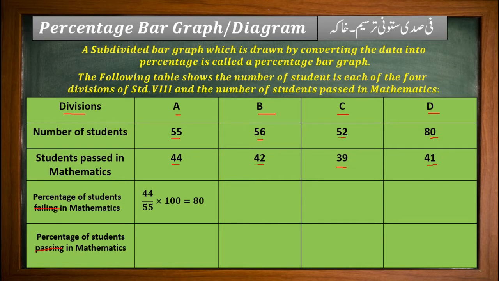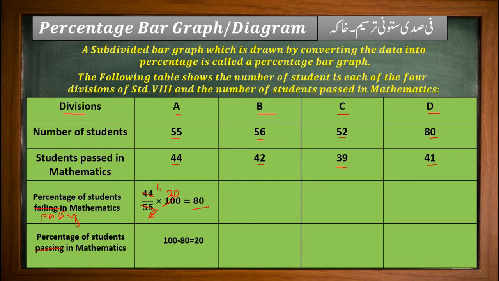You know how we got that one. 11 fours are 44 and 11 fives are 55, so 5 twos are 10, then you will see here will be 0, so 4 twenties are 80. So the passing percentage is 80.